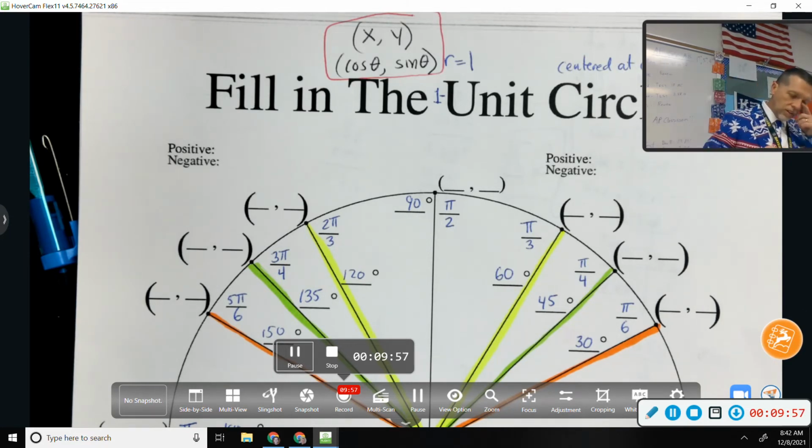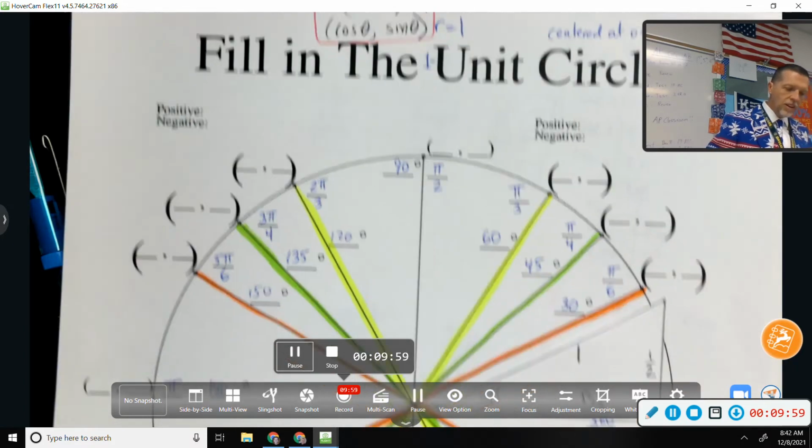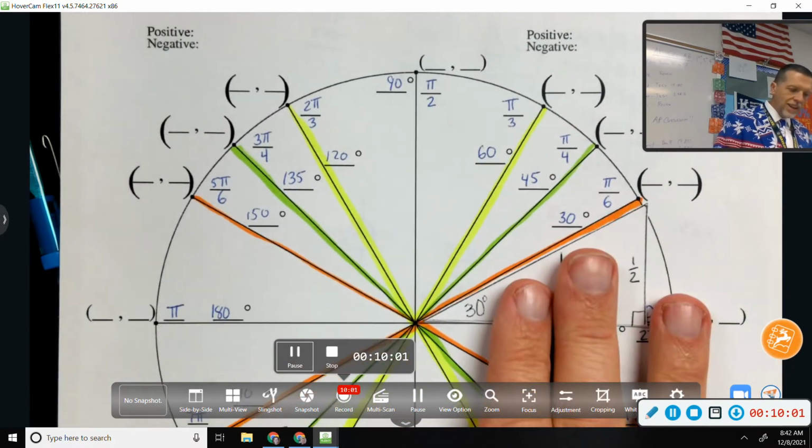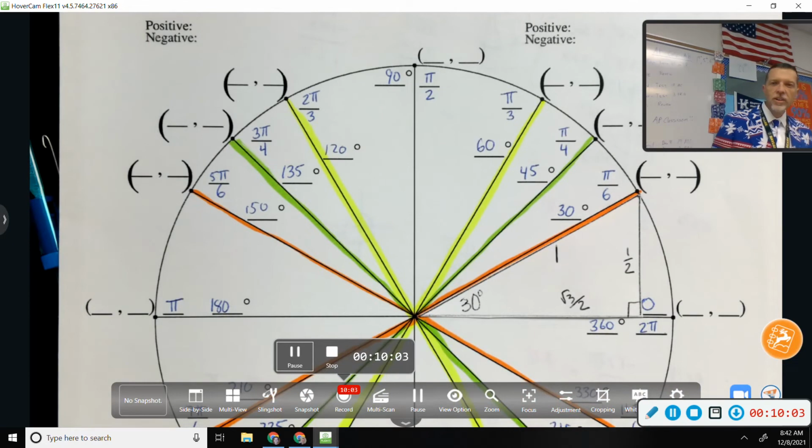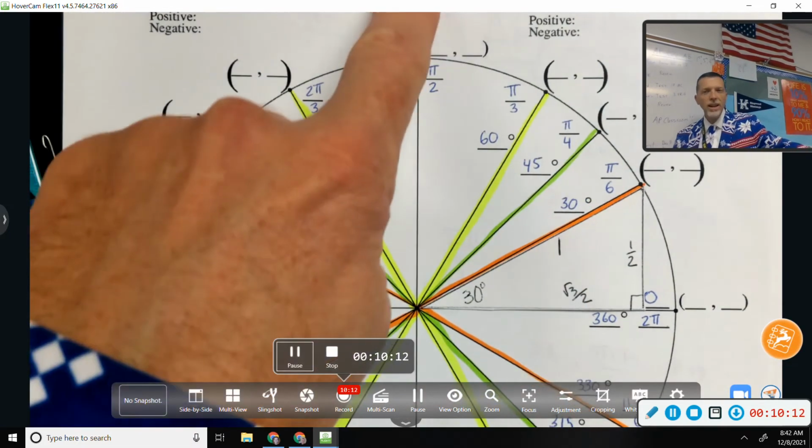So let's grab the 30-degree angle and slide it in there at the 30-degree mark, and it should fit just perfectly. Our hypotenuse is 1, our radius is 1.